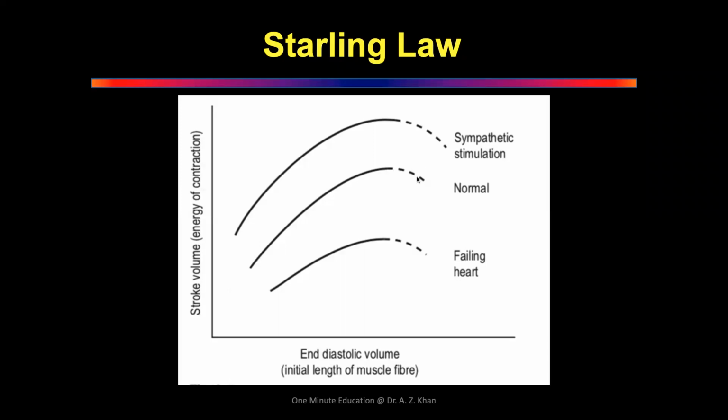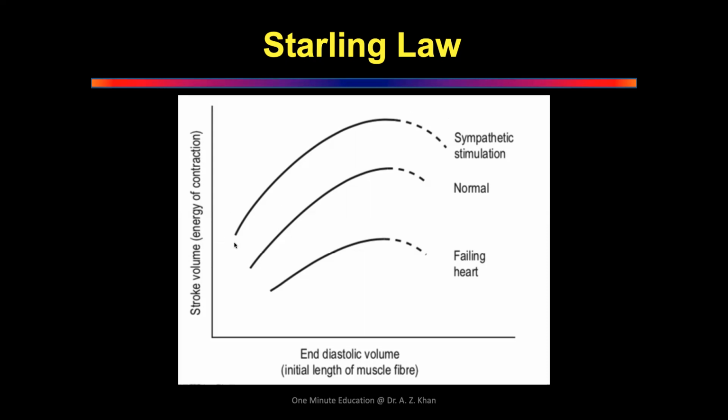This curve is the Starling's law. What happens in a failing myocardium is you stretch it and it cannot generate a stroke volume. Only at a much higher end diastolic volume will you get the same stroke volume. So the failing heart will come below, and a sympathetic stimulation will move the Starling's law higher.